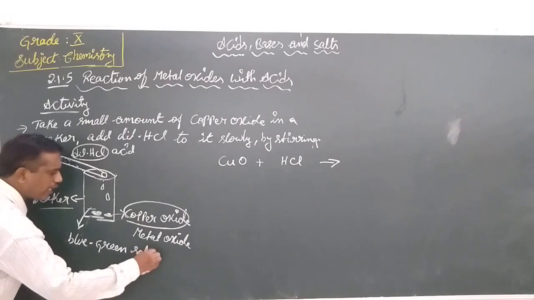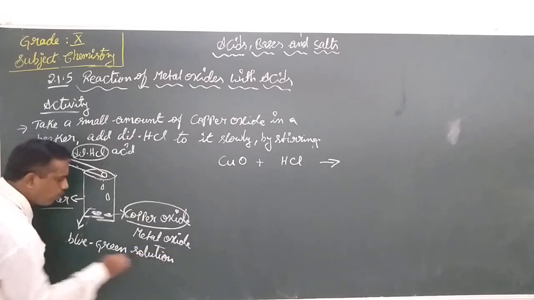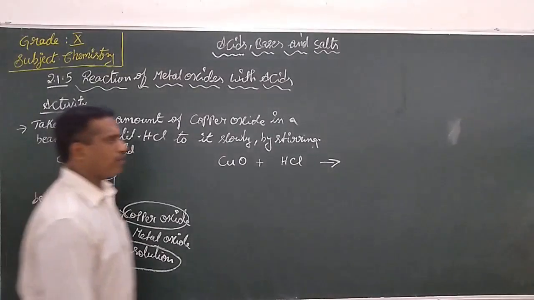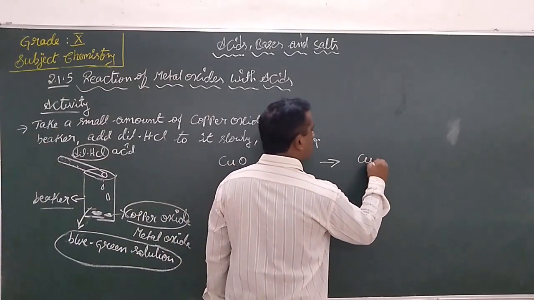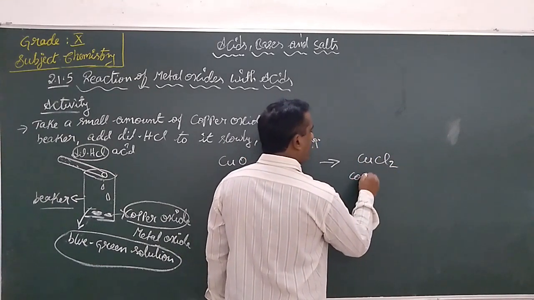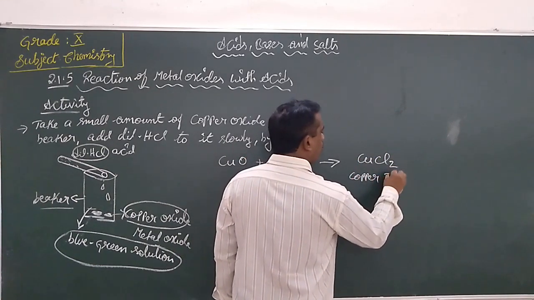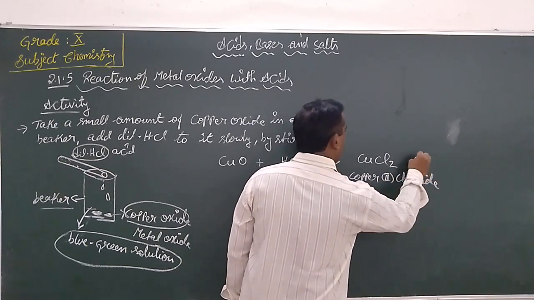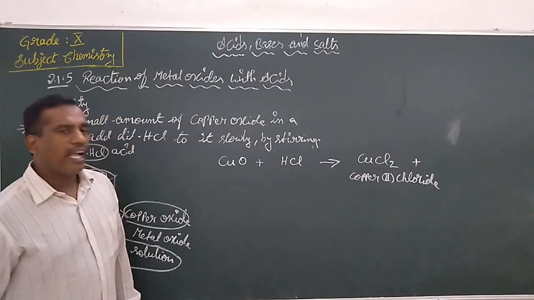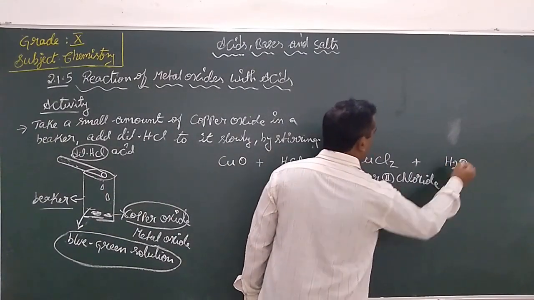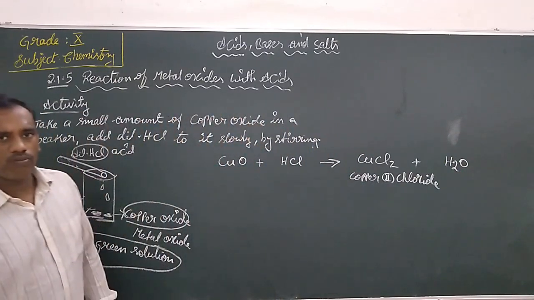Once you mix them, you will get a blue-green solution in the test tube. It is due to the formation of CuCl2, copper 2 chloride, and also another product, H2O.